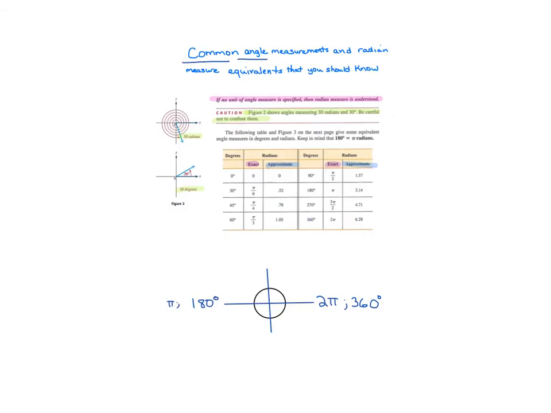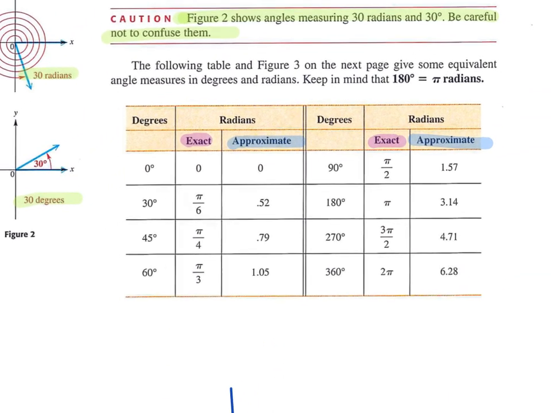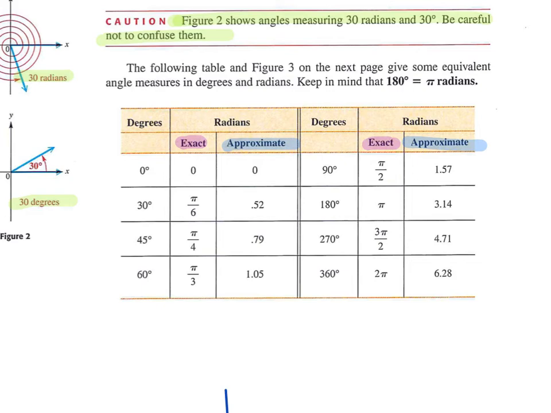The next slide just has some common angle measurements that are in degrees and their equivalent radian measures. Okay, these are some common ones that you should be familiar with. Again, knowing that very first slide of where 1 radian is located, 2, 3, 4, 5, 6, and then know where these common angle measures, like the 0, the 30, the 45, the 60, are.